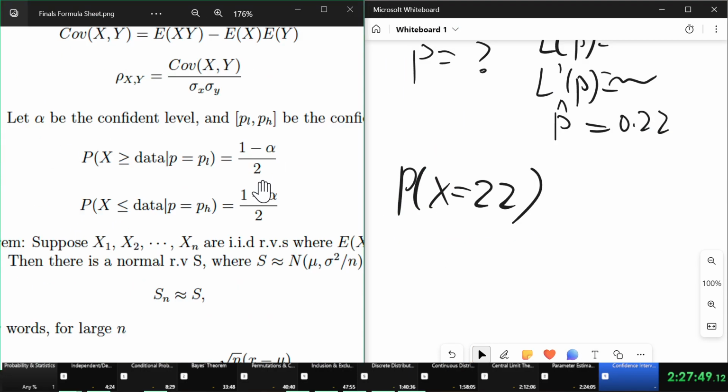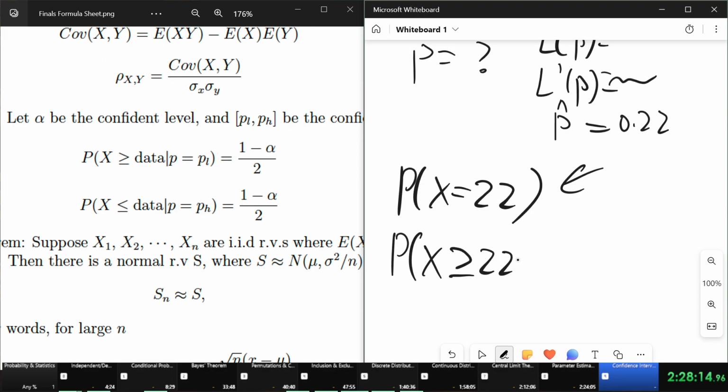Let me put this here. It would make sense that your reading would be sensible. So this is your reading, and going by the formula sheet, to get PL, it would be x more than or equal to 22, given that you're now using PL.